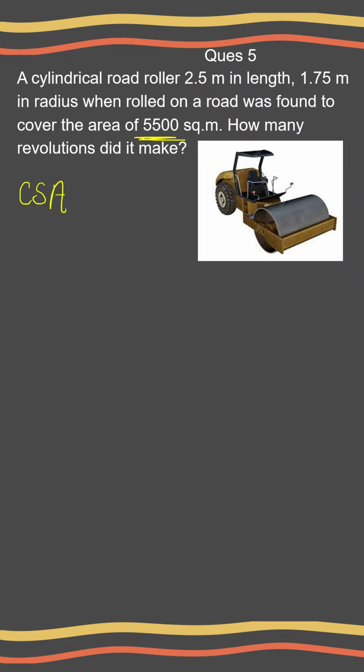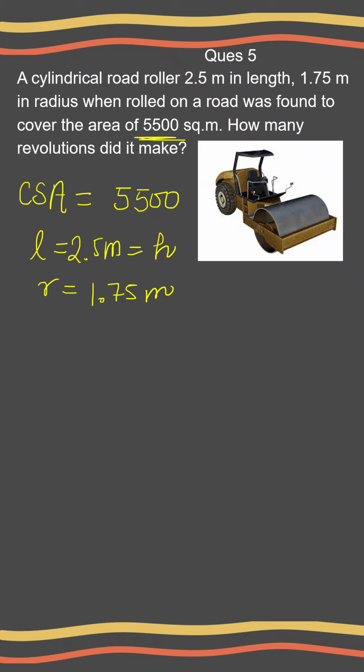It is curved surface area 5500, because while leveling the road, this road roller is only using the curved surface area of this cylinder. Now here length is given as 2.5 meter, which is same as height of a cylinder. Radius is given as 1.75 meter.